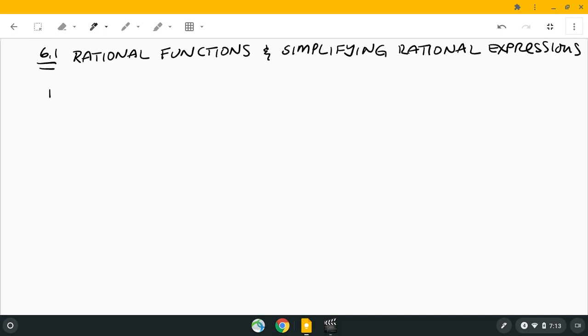All right, so let's first talk about what a rational function is. So rational, keyword ratio. So you should be thinking fraction, right?